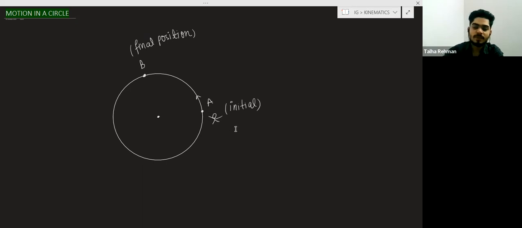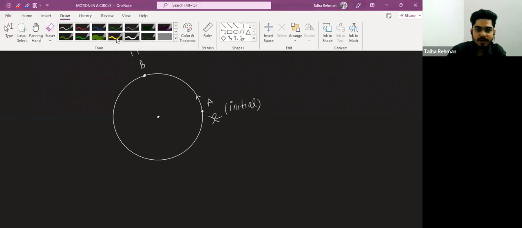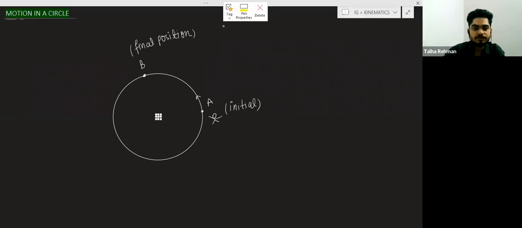Okay. Now suppose R is the radius of the circle. Just a minute, I am just drawing the radius. Initially, this is the condition.